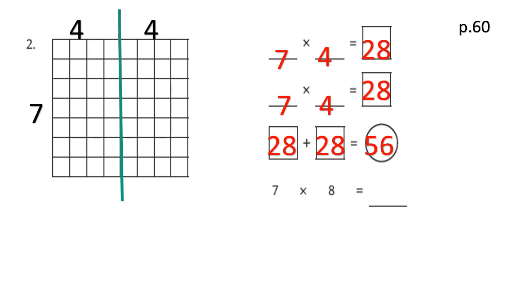So 7 times 8 equals 56. This is the meaning of the distributive property. Distributive means I break the large number into small parts. So 4 plus 4 gives me 8. That's why I make two equations here, for ease.